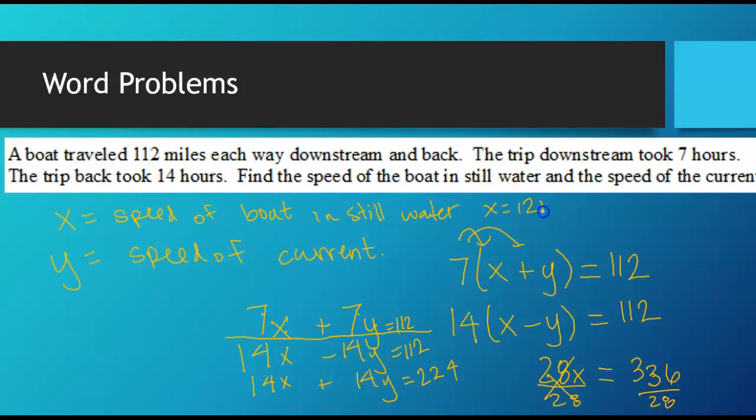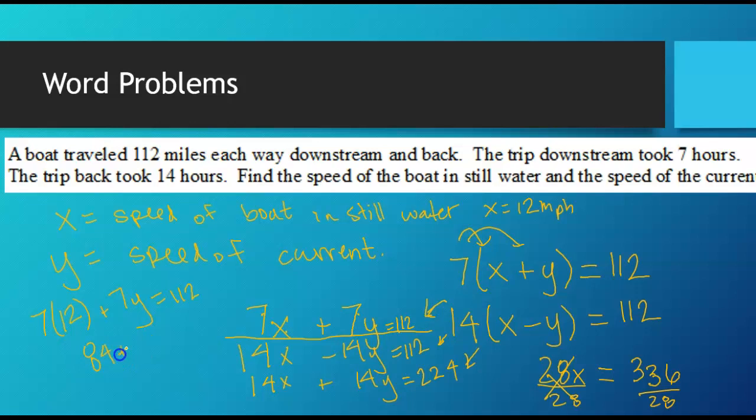So 12 miles per hour is the speed of the boat in still water. The speed of the current we can now find by plugging x back into either one of the equations, or actually all three of these equations would work. I'm going to plug it in the top one again because I like the smaller numbers. So 7 times 12 plus 7y equals 112. 7 times 12 is equal to 84.